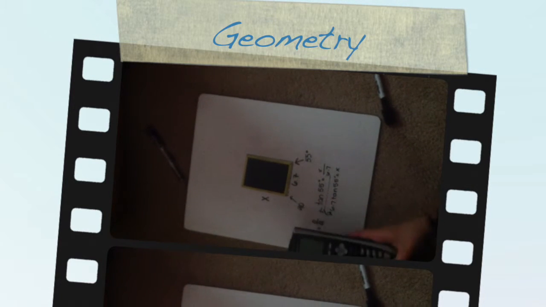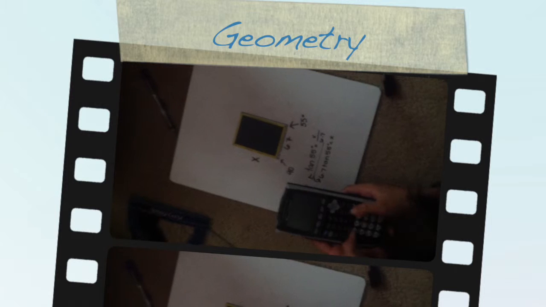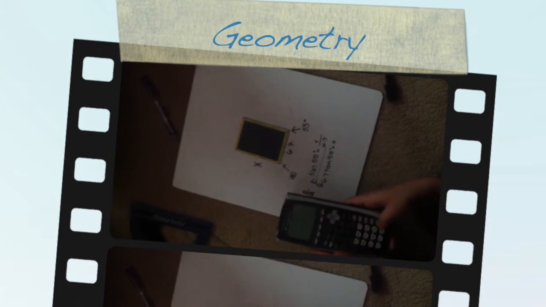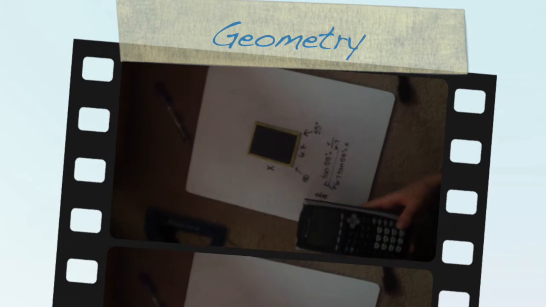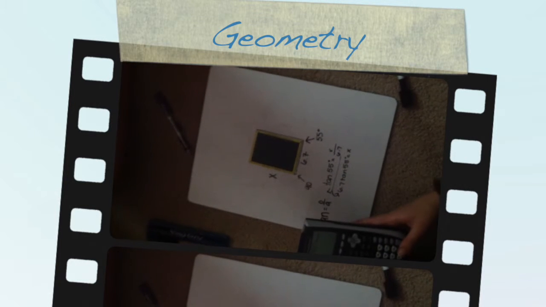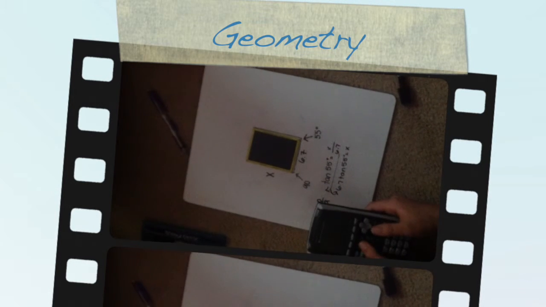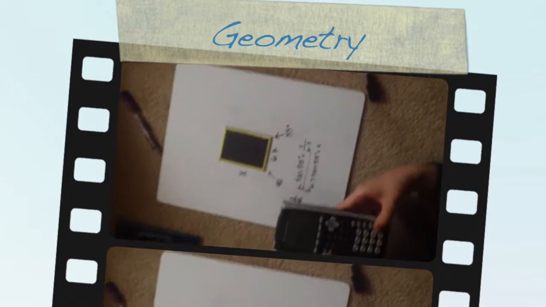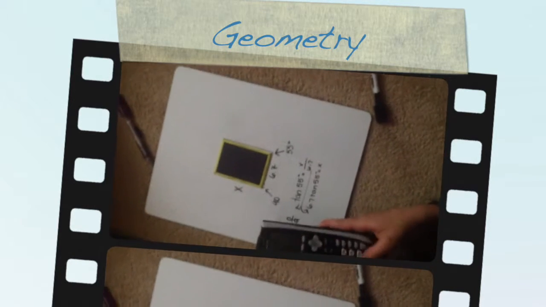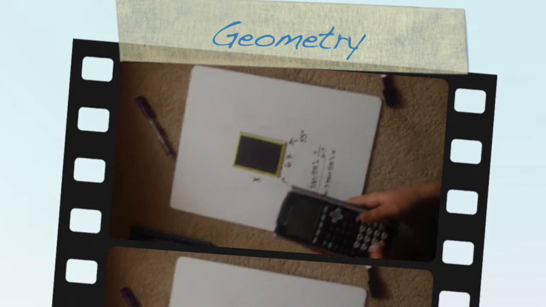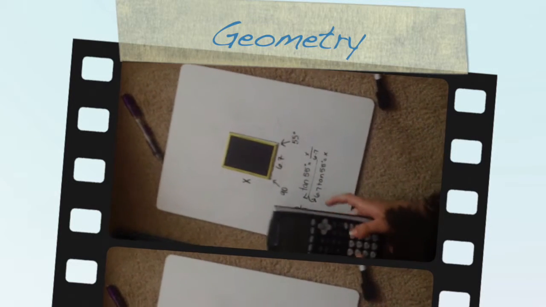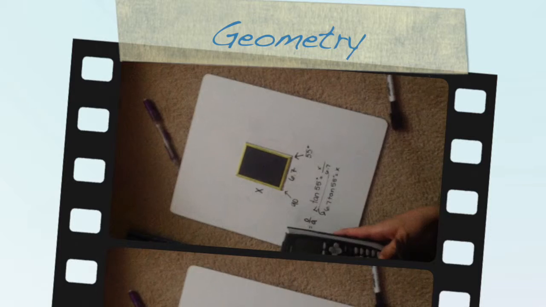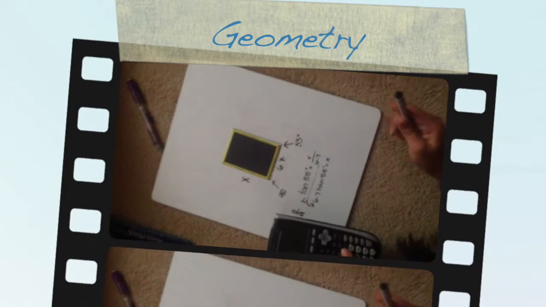We go 6.7 times tangent 55 equals... Wait, I think it's because I don't have it on degree. Now let's try it again. 6.7 times tangent 55. That's more like it. It's 9.56.